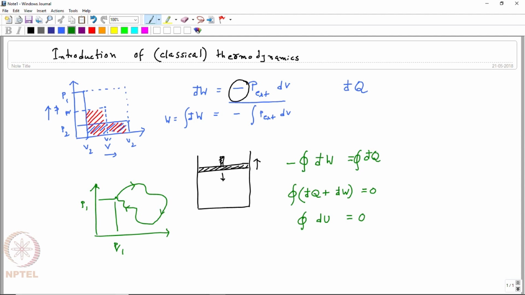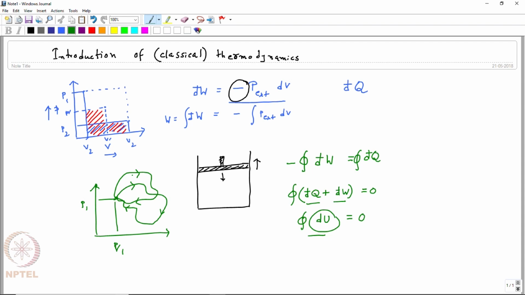And what we are finding is that although d cross q and d cross w, their cyclic integrals, which basically tell what happens when you come back to the original state, are non-zero, or the differentials are inexact differentials, their addition, if I take a cyclic integral of that, is 0, which means that quantity is independent of path. So whichever path we take, the cyclic integral will always be 0.